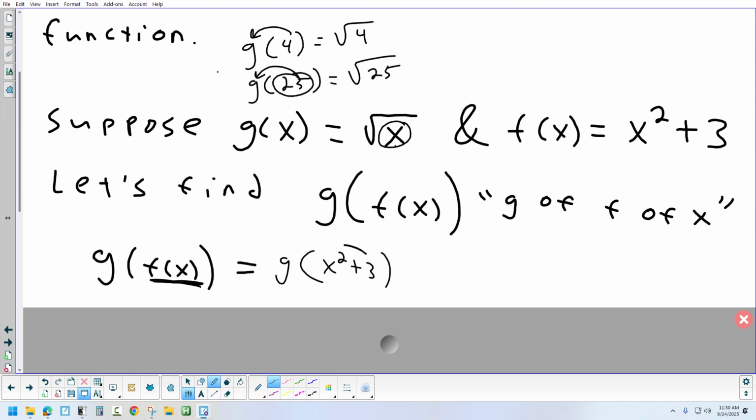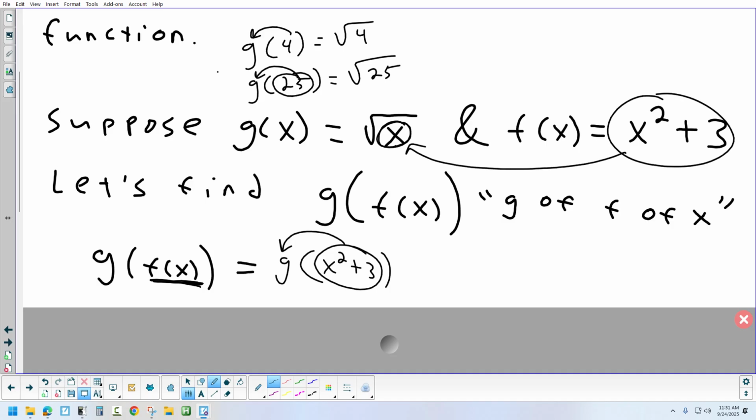Take what's inside here, plug it into the G formula everywhere you see a variable. Okay. So look at the G formula. It's the square root of x. And everywhere that you have an x, you're going to take that and you're going to fill it in, because that's what they're telling you to plug in to the G formula. So it's the square root of x squared plus 3. That's how you take and compose two functions.